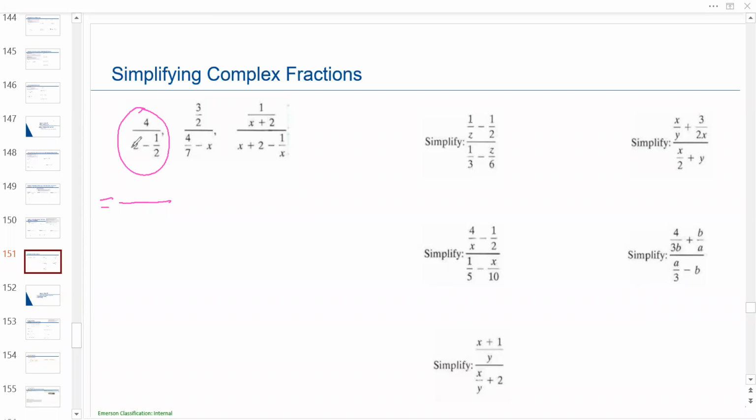So we will do the denominator and numerator parts separately. Something like 2 becomes 2 over 4, 4 over 2, right? Is that correct? So you do the denominator and numerator first by themselves.